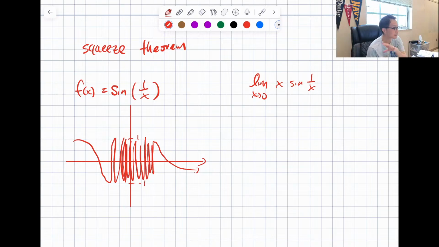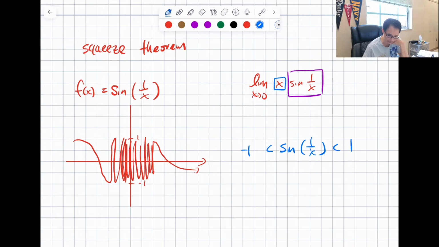It's x times sine of 1 over x. Let's break them apart and just look at sine of 1 over x. According to the graph on the left, sine of 1 over x is oscillating between negative 1 and 1.